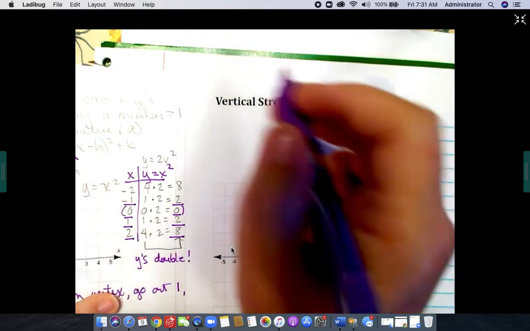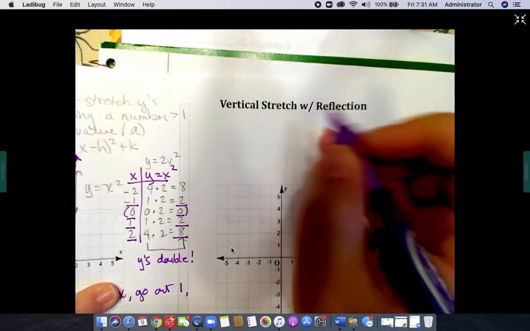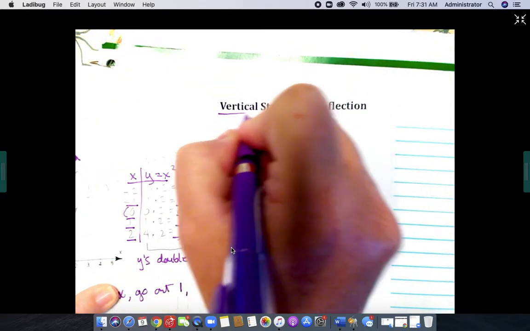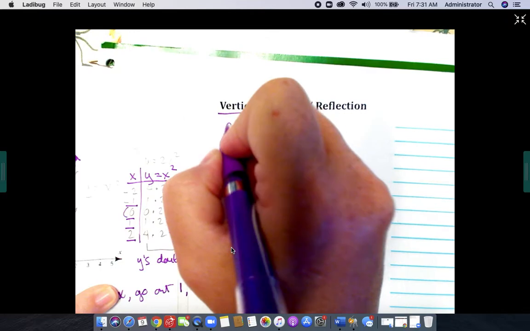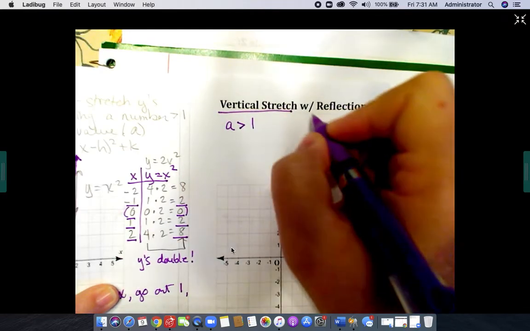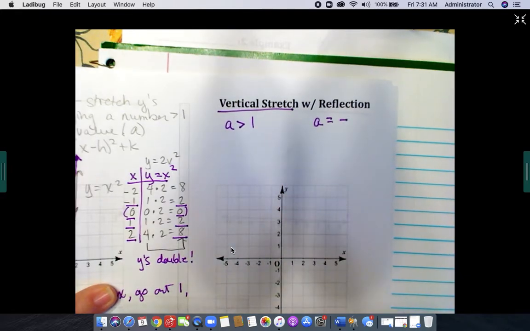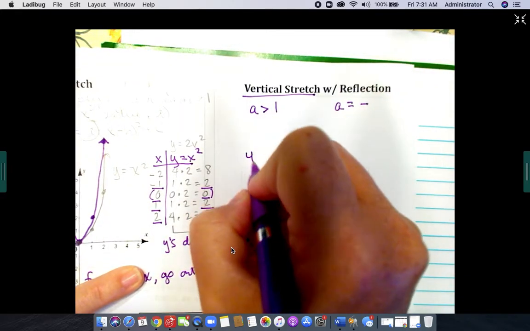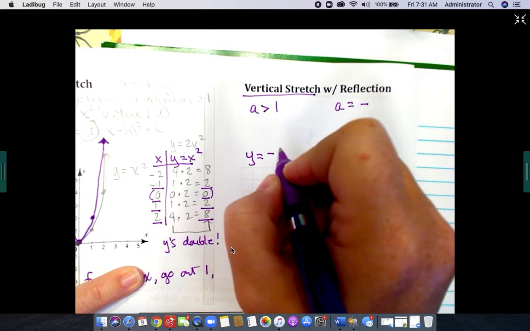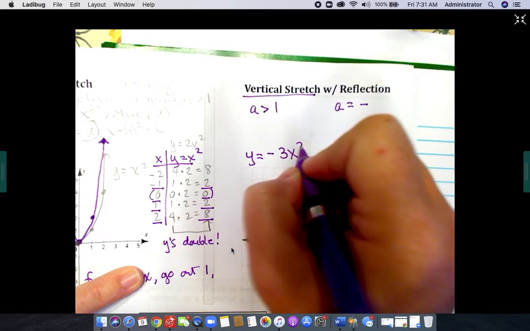What happens if we do a vertical stretch with a reflection? So if it's a vertical stretch, my a value is greater than 1. And for a reflection, my a value is negative. So what if I ask you to graph y equals negative 3x squared?